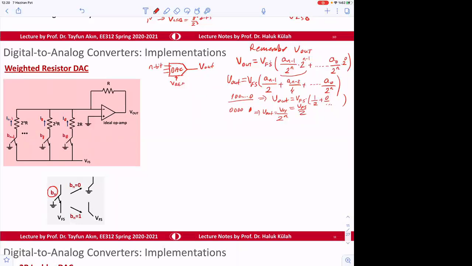Vn minus 1 maybe, anytime. If the signal is 0, then this switch is connected to ground. If this one is 1, it's connected to full scale.